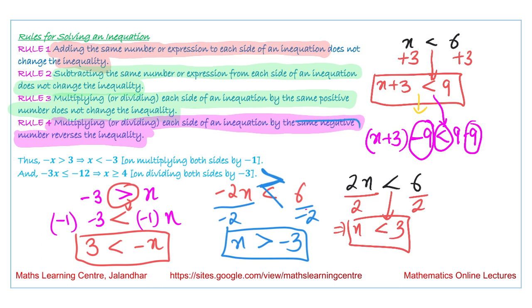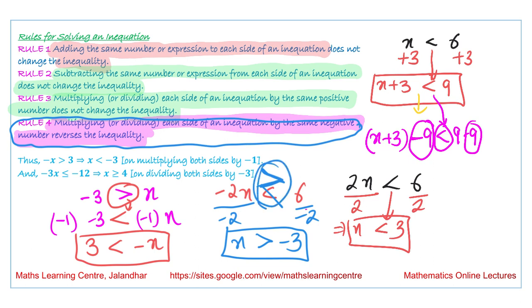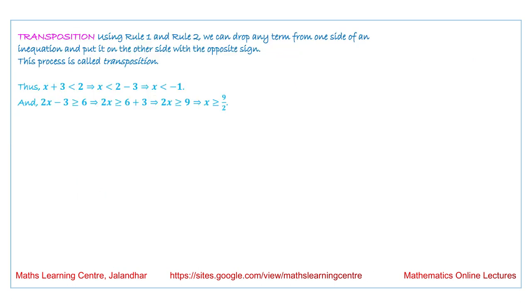So, this is important: if we are multiplying or dividing an inequality by a number having a negative sign, then the sign of inequality, greater than will become less than, and less than will become greater than. This is an important rule. In the rest of these three cases the sign of inequality will not change, but in this last case the sign of inequality will change.